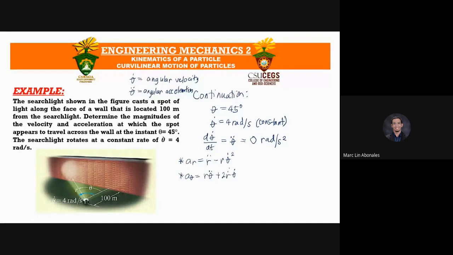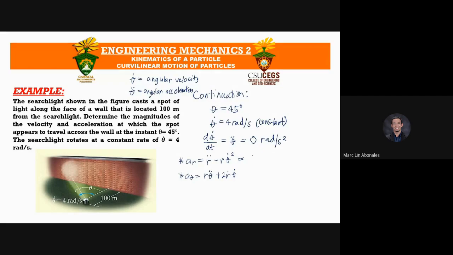Actually, I don't know how you pronounce these with the dot. I just name them r double dot, r dot, theta dot, and theta double dot. There are actually some names for these, especially for theta dot, angular velocity, and theta double dot, angular acceleration. But anyway, we will just substitute the values.